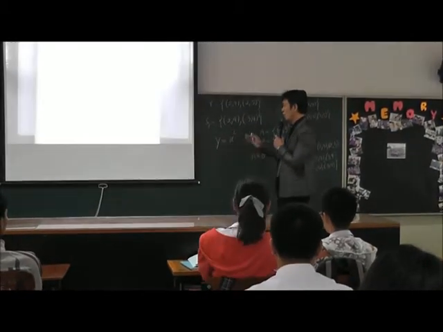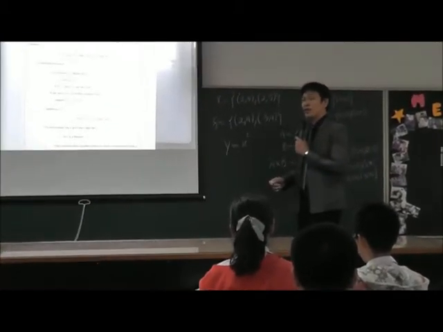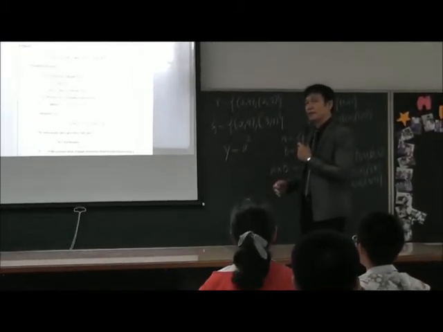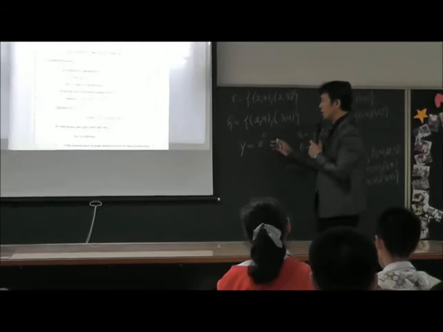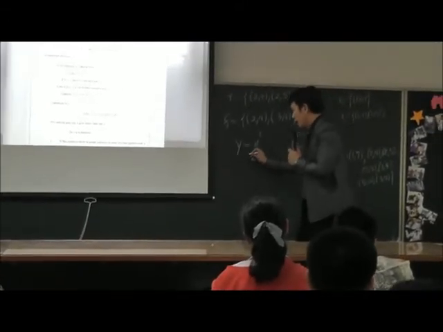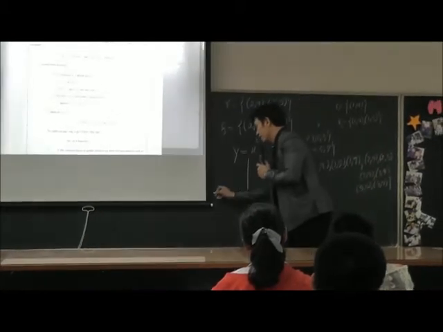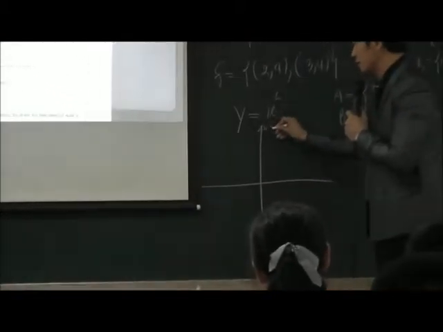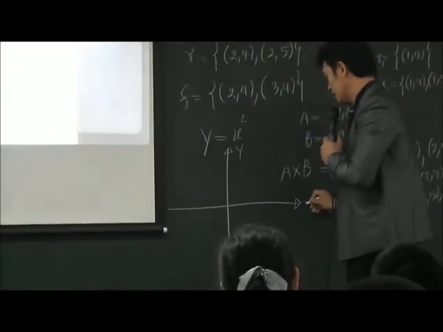Yes, very good student. Y is x squared. We call it a parabola. Upward or downward? Upward. We know about this name, and we can sketch it: this is the y-axis, this is the x-axis.